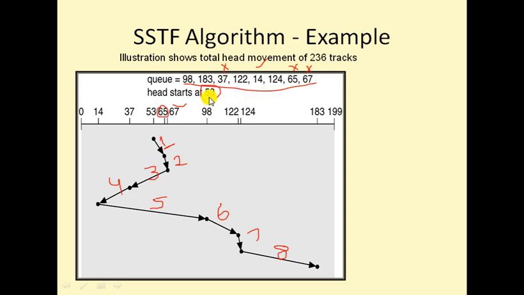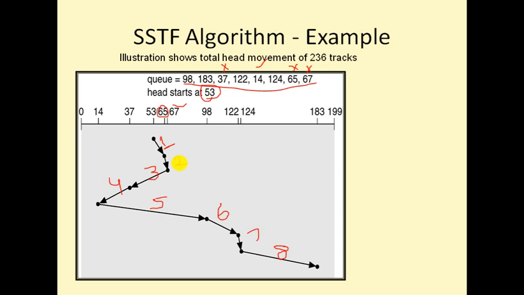Each time you subtract the head position from all the unvisited track numbers in the queue. Whatever minimum value you get, you move the head position to that track. That is the methodology in the SSTF algorithm.